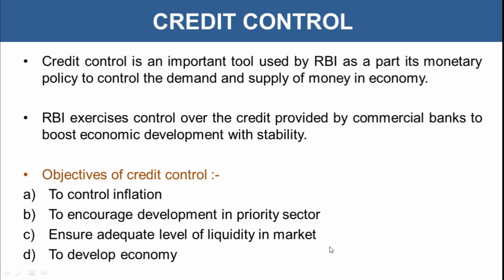Third, ensure an adequate level of liquidity in the market so that there is no shortage of funds, and to develop the overall economy. So these are some of the basic objectives why RBI uses credit control as a monetary measure to control demand and supply in the economy.